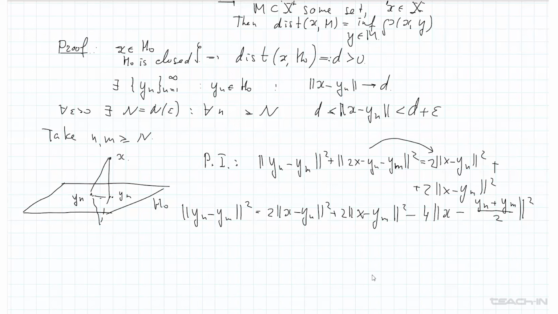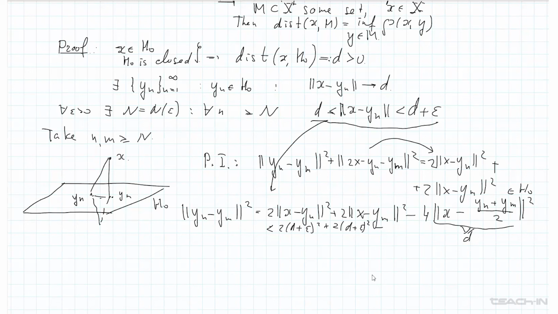What estimation can we obtain by this? Put it here. It is less than 2 (d plus epsilon) squared plus 2 (d plus epsilon) squared. But you can see that this vector is from H0, so this norm is at least d. Yes, d is the infimum of distance, and here we obtain some distance between x and some vector from H0.